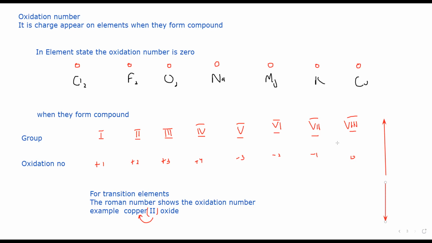For O levels, you will consider the oxidation number same as the valency. So if there is an increase in oxidation number, we call oxidation. And if there is a decrease in oxidation number, we call that as reduction.